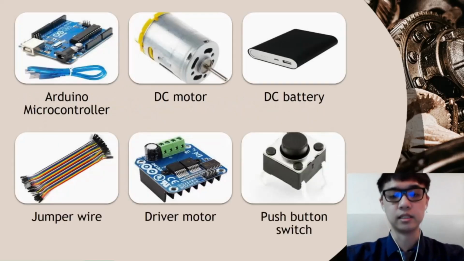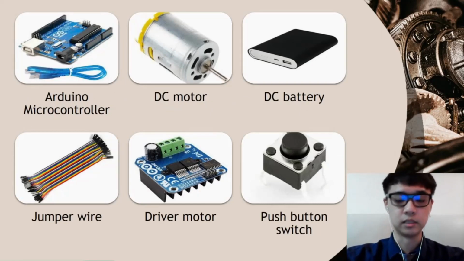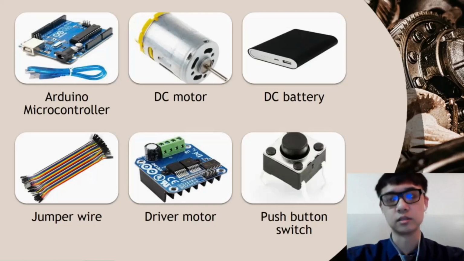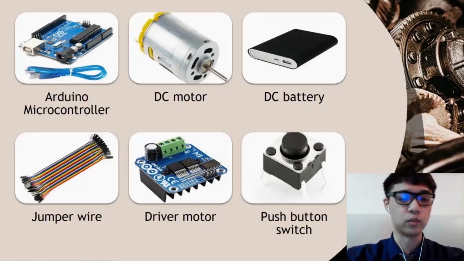In order to make the electronic circuit system, there are some electronic devices that must be included. First is the Arduino microcontroller board, and second is the DC motor to control the rotation of the wheel. Next is the DC battery, which is a power bank with 5 volt or 12 volt. Next is the jumper wire, which is used for the connection.